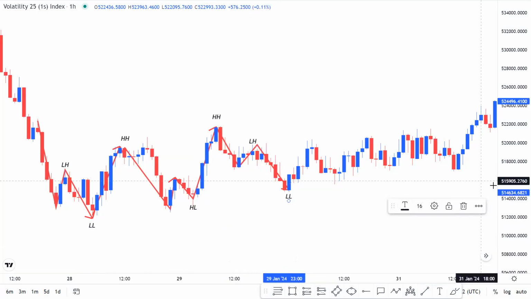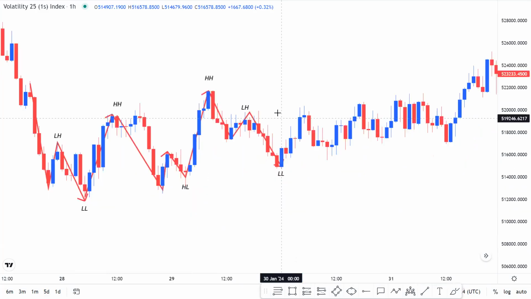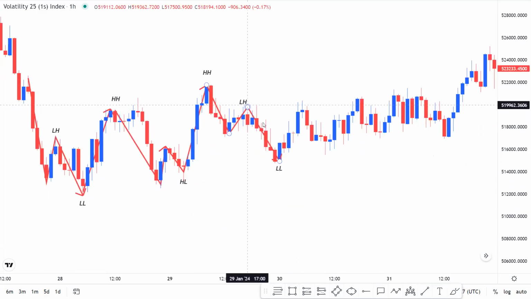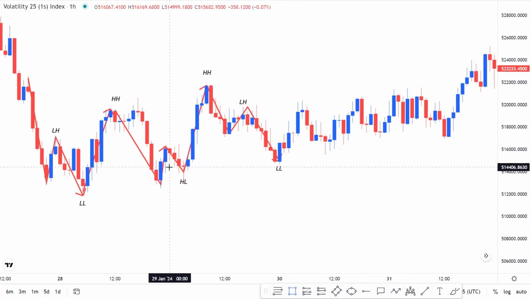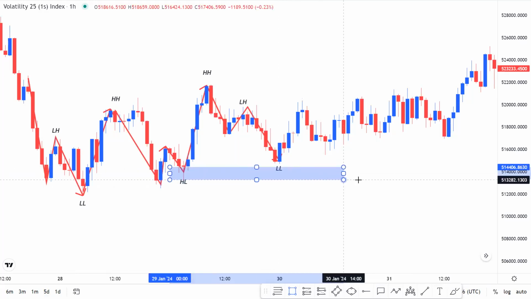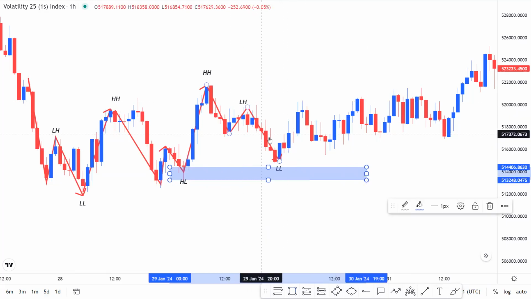Now, what you have to understand is, even though this looks like price is giving us lower highs and lower lows right here, as long as price does not close below the most recent higher low right here, that is only just a complicated retracement.